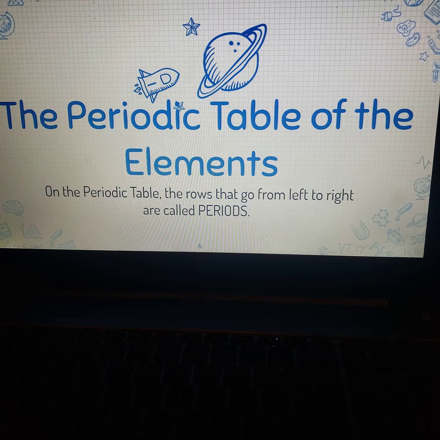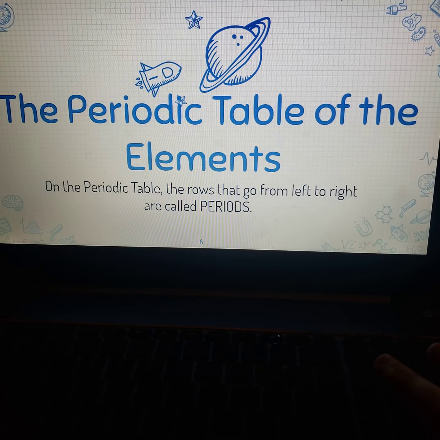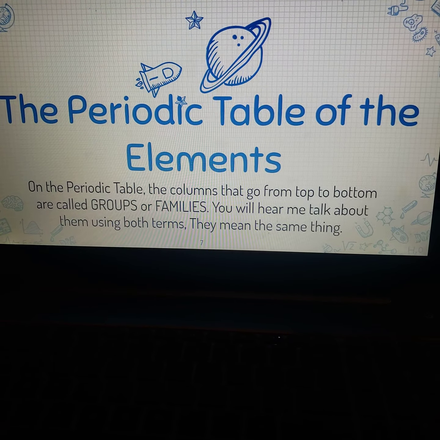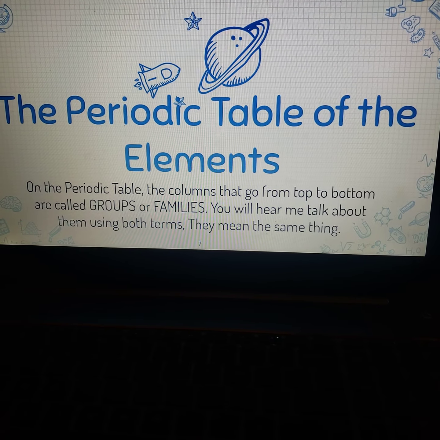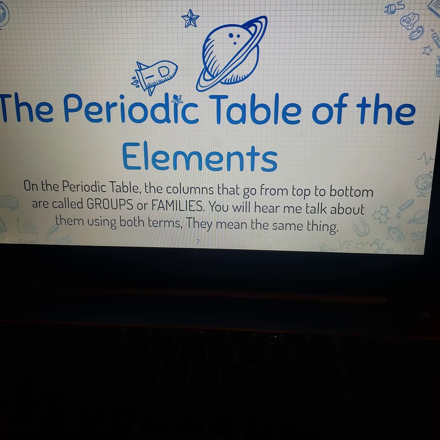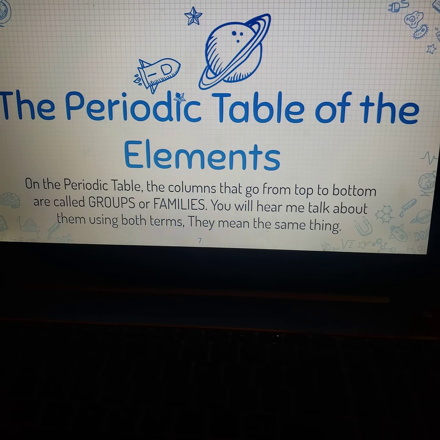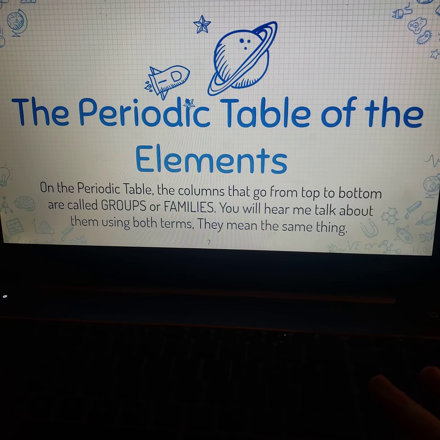They are called periods. You also have columns that go from the top to the bottom, and those are called groups or families. You'll hear me talk about them using both terms. They are groups or families, but those two words mean the same thing when we're talking about chemistry.